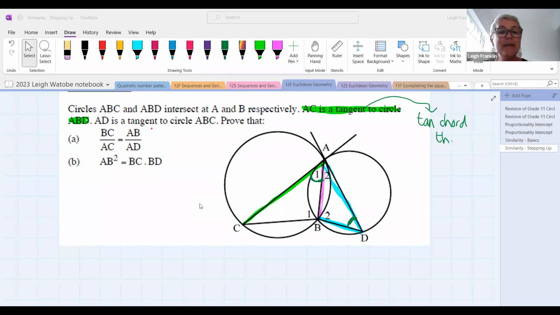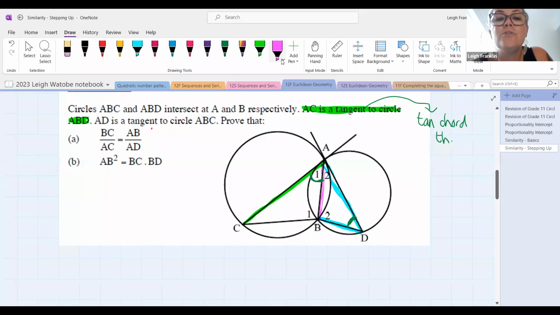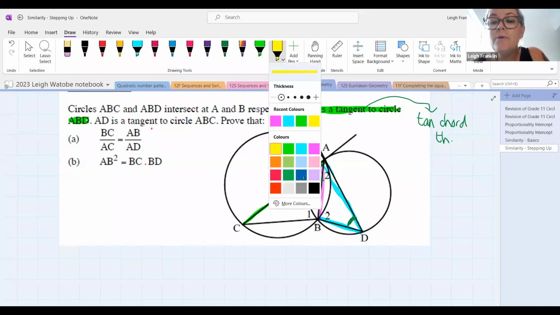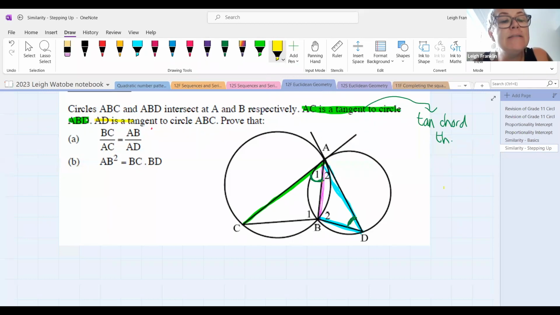Now, let's use a different color. Let's change that to yellow. Now they tell us AD is a tangent to circle ABC.